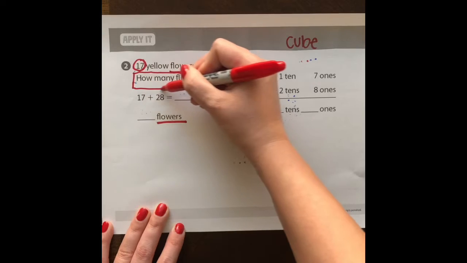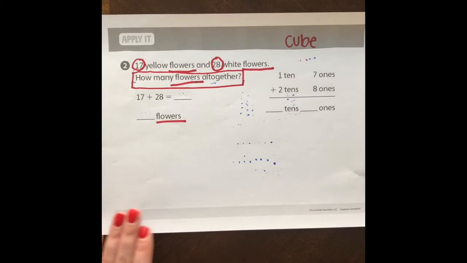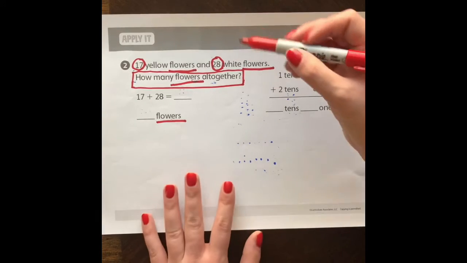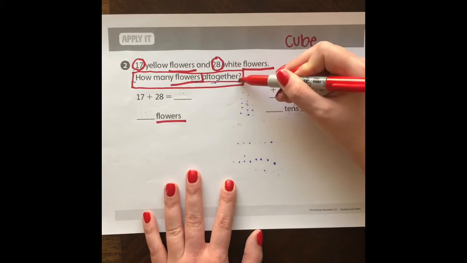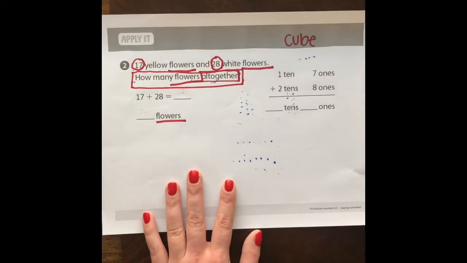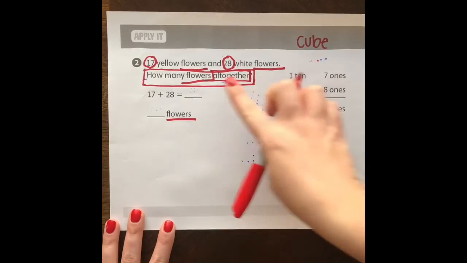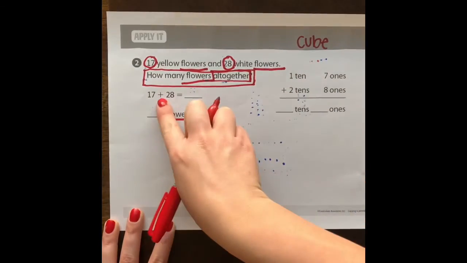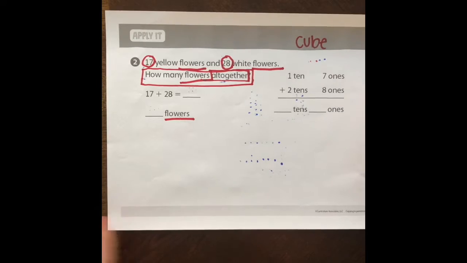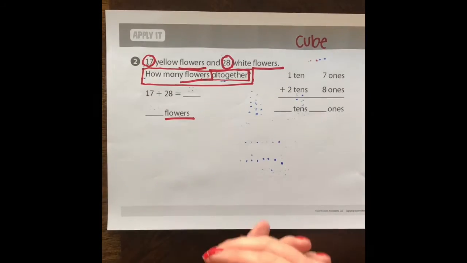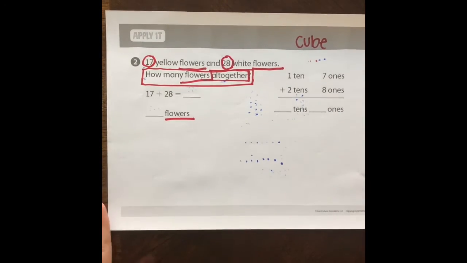How many flowers altogether? And we're also going to box any magic words that tell us what we're going to be doing with this problem. Are we taking away flowers? Are we adding flowers? I do see a magic word there. If you said all together, you are a rock star. All together is correct. We know we are adding or doing addition because of the word all together. Combined, how many flowers all together or put together? So if you said all together, you are spot on.